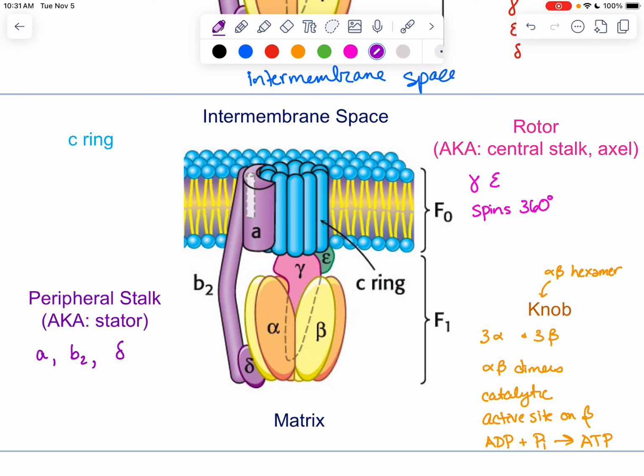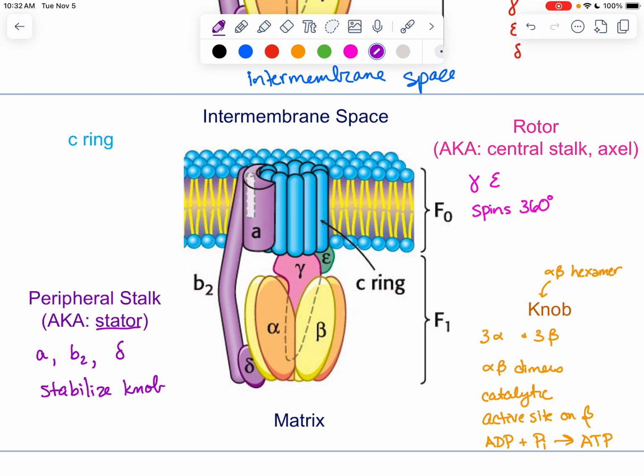These pieces serve to stabilize the knob, so they stabilize that hexamer. They hold it in place so it doesn't spin. Since it's stabilizing, that's where it gets the name stator, sometimes. Peripheral stalk is what I'll generally use.